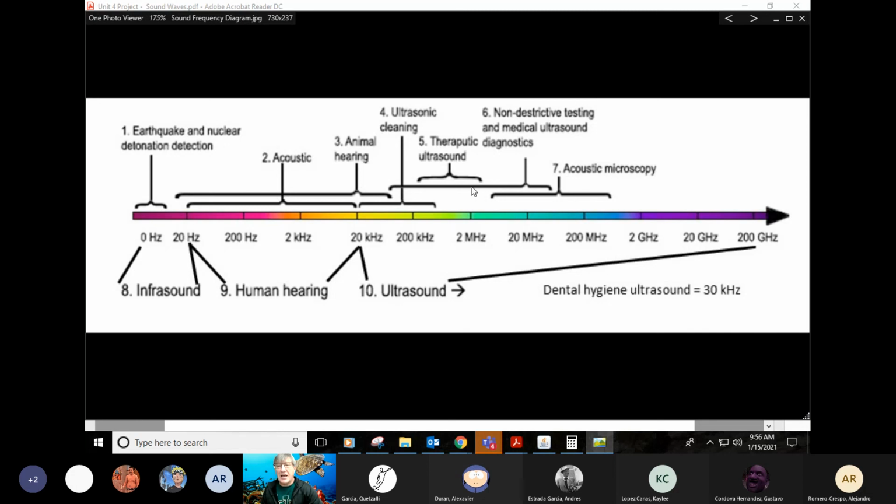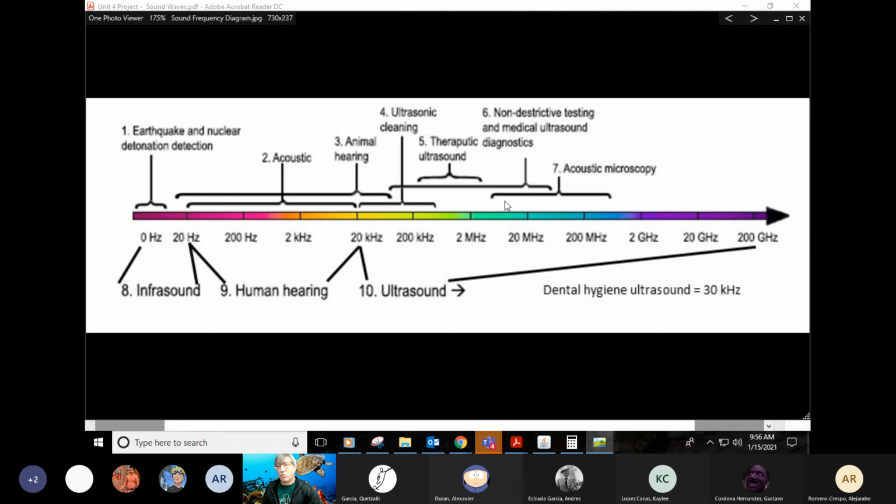It is sending high vibration sound waves through her stomach and through her organs and through the fetus. And then when those sound waves bounce back to the detector, they're converted into an image. So we're taking these high frequency sound waves, ultrasound, and we're converting them into a visual image, and it shows us a picture of the fetus even before it's born.